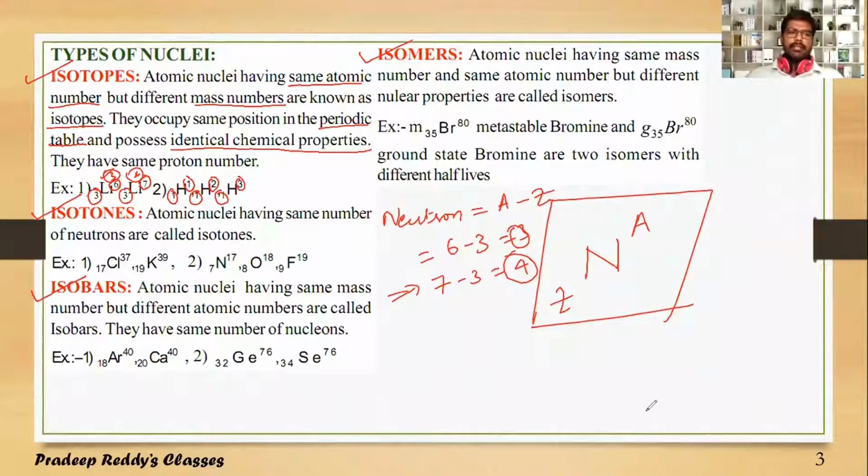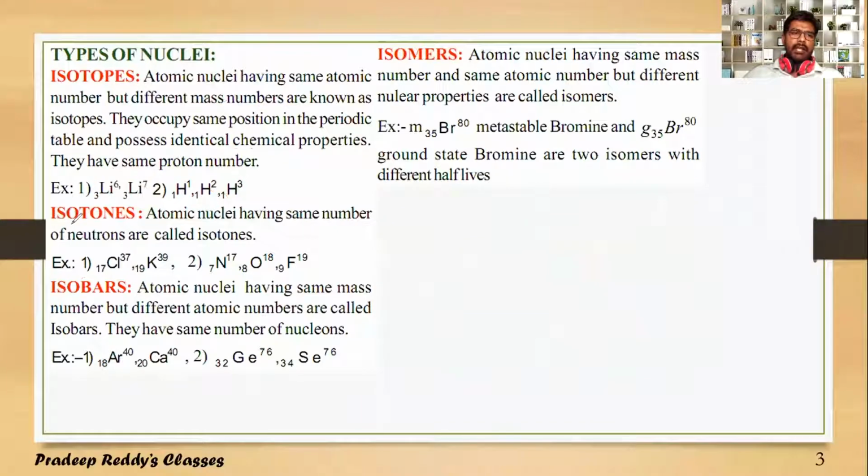Next is isotones. Isotones are atomic nuclei having the same number of neutrons. Those elemental nuclei which have the same number of neutrons are said to be isotones. Now if you observe these two elements, the atomic number of one is 17, and of the other is 19.